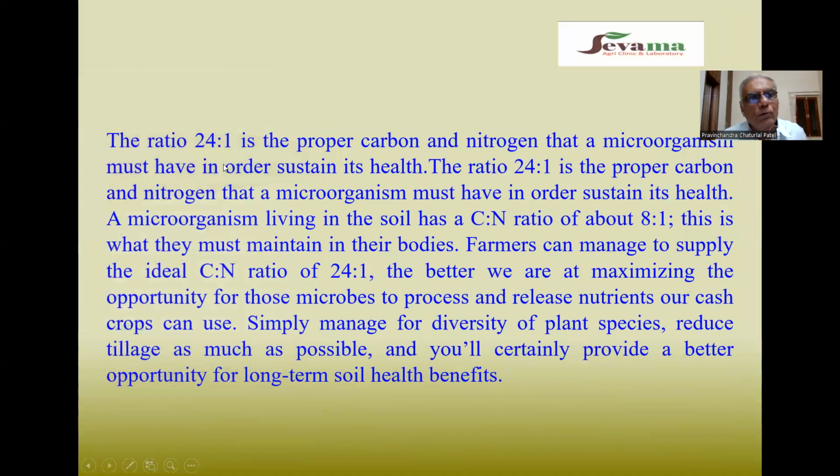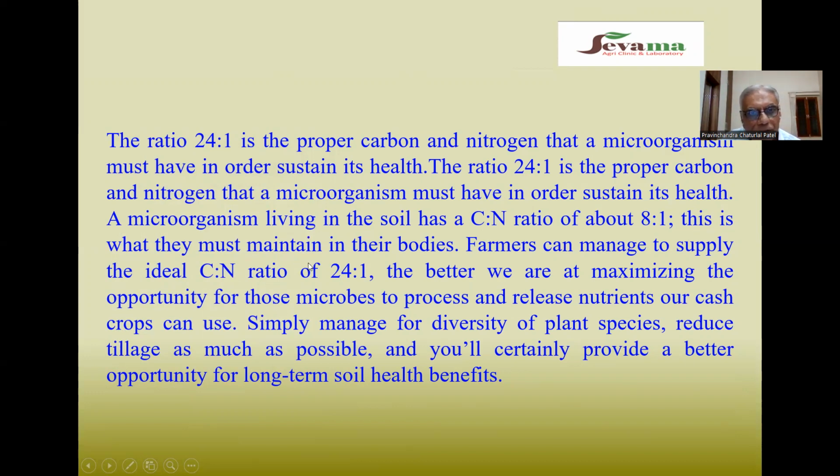The ratio 24:1 is the proper carbon and nitrogen that a microorganism must have in order to sustain its health. A microorganism living in the soil has a CN ratio of about 8:1.